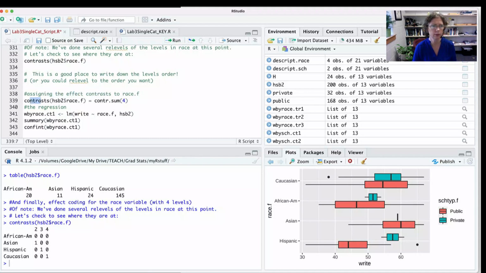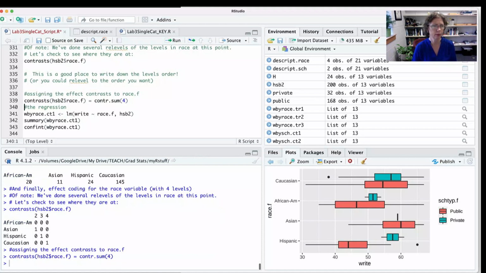So applying the contrast to the race variable using the contrast sum or effect called sum, and it's got 4 levels. Then we're going to run a regression. I called this one writing by race contrast 1, assigned by the linear model of writing predicted by race in that data set.